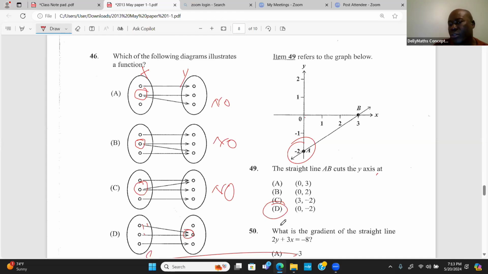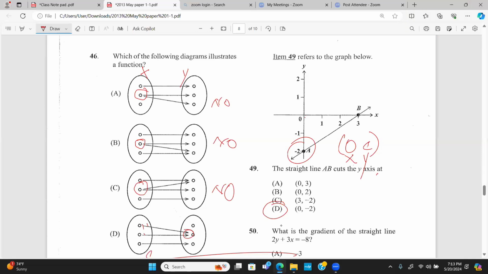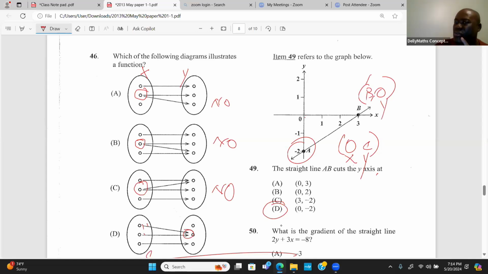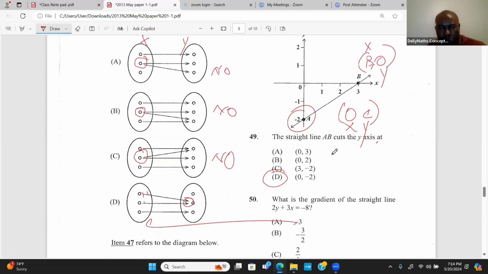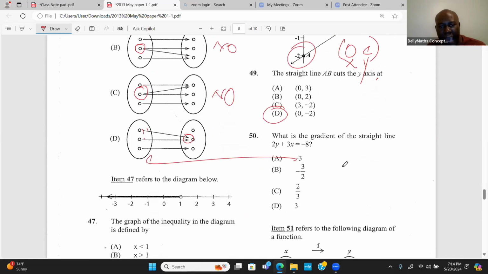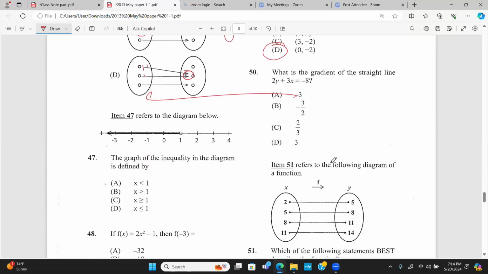The moment you're on the y-axis, the x value is always 0. And when you're on the x-axis, the y value is always 0. So remember those little things. At x-intercept, y is 0. At y-intercept, x is 0. Careful.